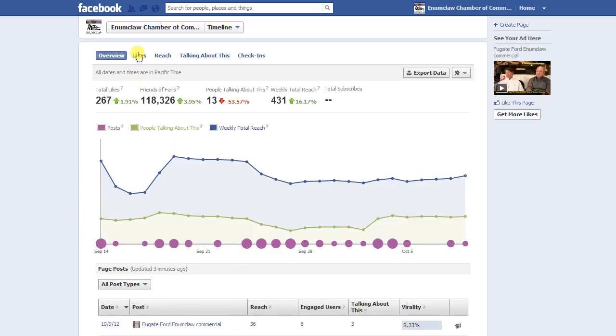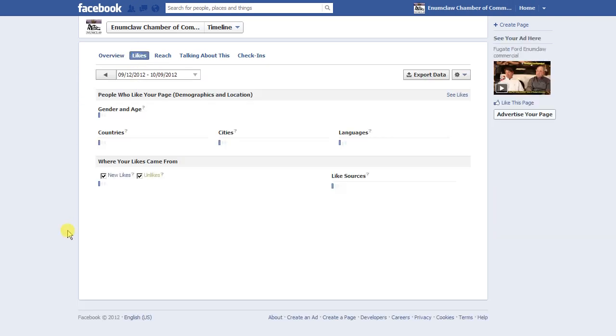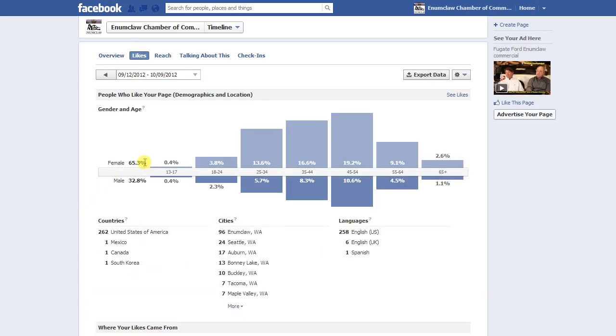Let's pop over here to who actually likes their page. We can see that it's 65% females, 32% males, and that might be an okay thing. Females decide on most of the family's purchase decisions and whether they're going to attend chamber events or community events.